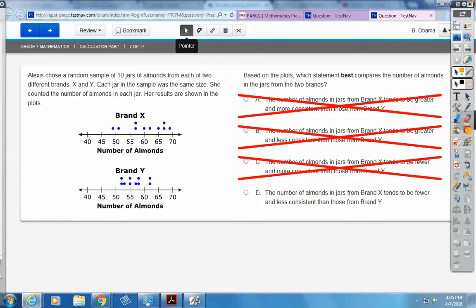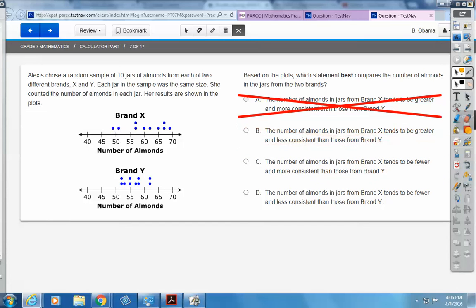Finally, the number of almonds in jar brand X tends to be fewer and less consistent. Which one do you think this should be? That's weird. Well, I would say Y is more consistent, but not necessarily getting more almonds in that one, if I look at these scatter plots.